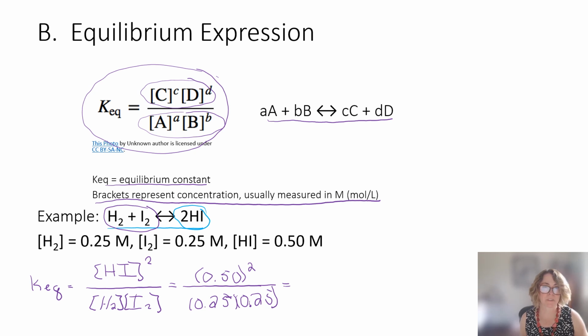So I'm going to go ahead and plug the numbers into the calculator, and when I do that, I get a value of 4.0, and I do want to make sure that I include two significant figures, since all of my concentration values have two significant figures, and I'm doing multiplication and division.